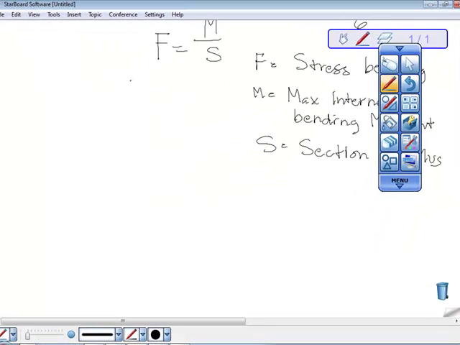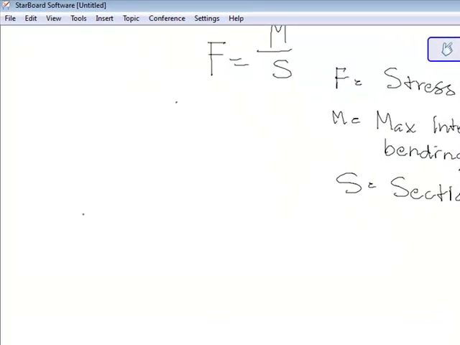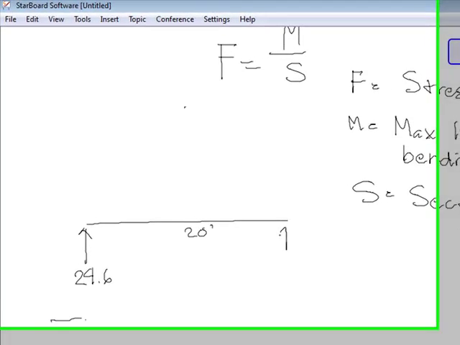So we have a beam, first of all. It's 20 feet long. 24.6 kips on one side, 17.4 kips on the other side.